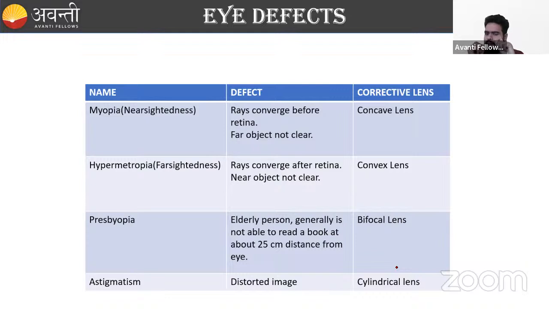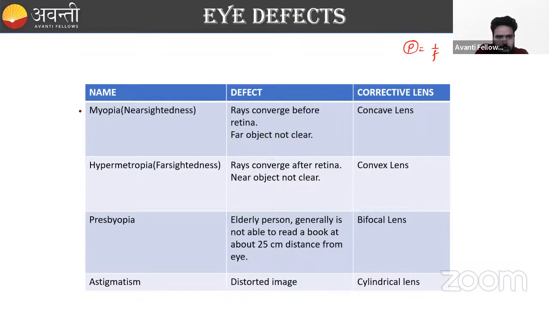The power of a lens is inversely related to focal length, and the focal length of a converging lens is positive, so the power of a converging lens is also positive. So the power of a convex lens is positive, and the power of a concave lens is negative.